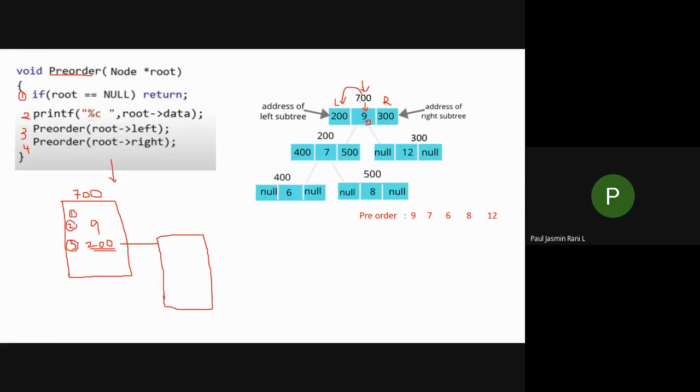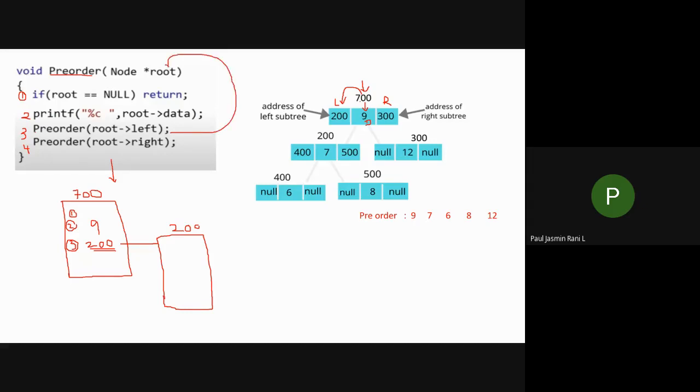Now the current root value is 200 for this particular function, not 700, because in this third statement you are passing only 200, that is, root of left is 200. So I am passing this 200 and calling this function.